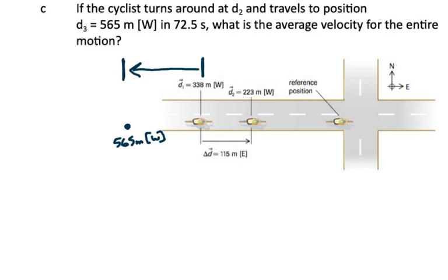The displacement between those 2 points, well, how far is it to go from 338 meters west to 565? That is 227 meters. And the cyclist has gone to the west.